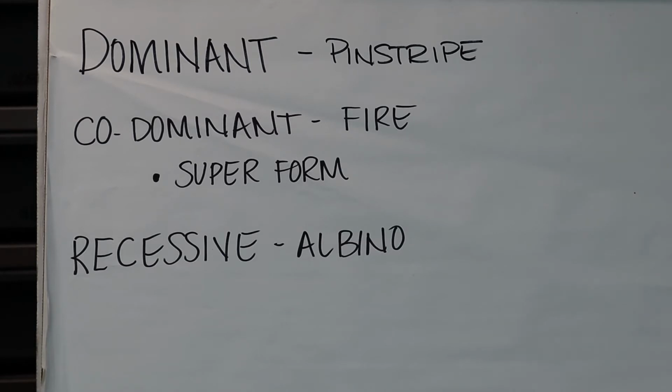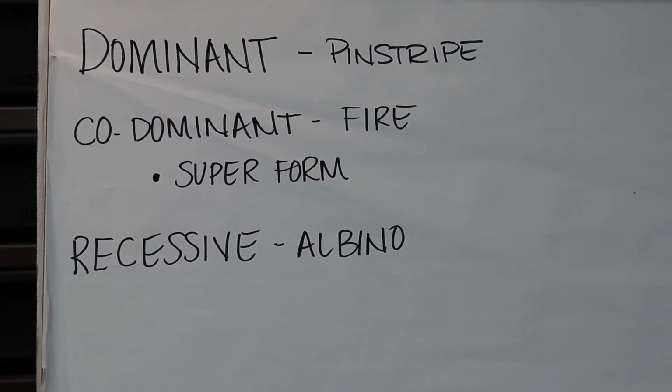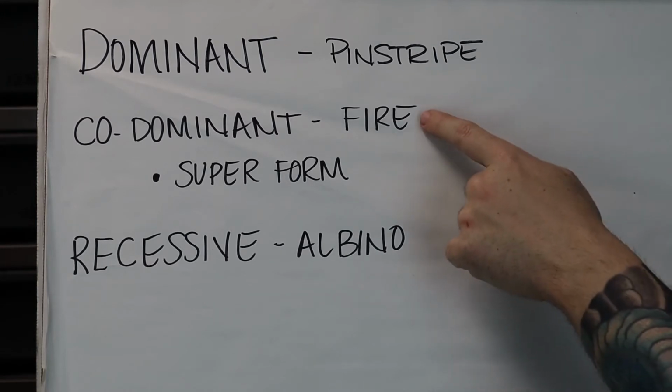So a dominant gene means that the gene doesn't have a super form. We're going to skip back to it because I want to go to codoms here. With a codom, for example, there's a super form. So fire.